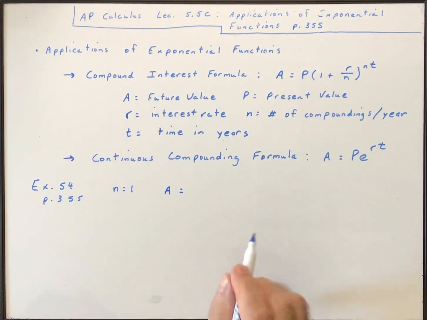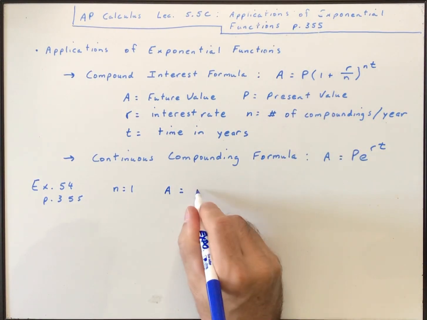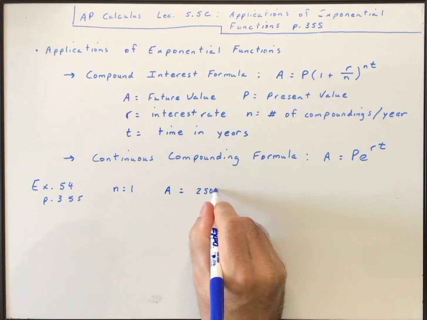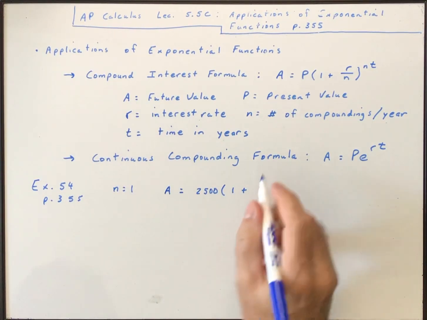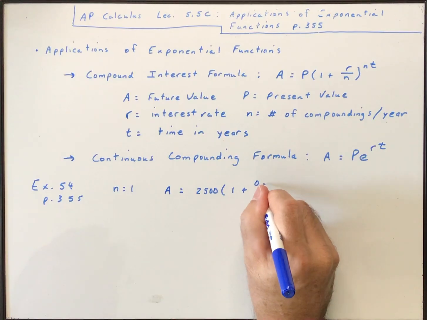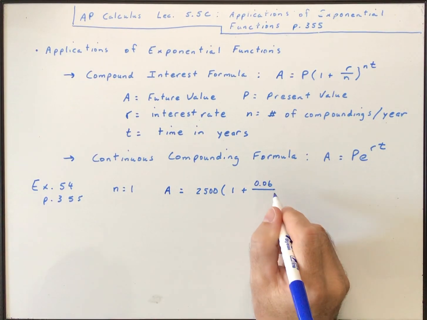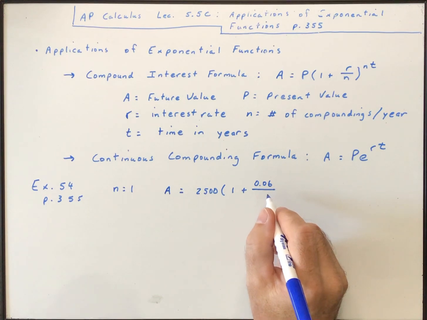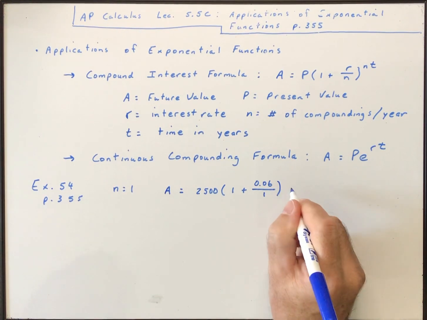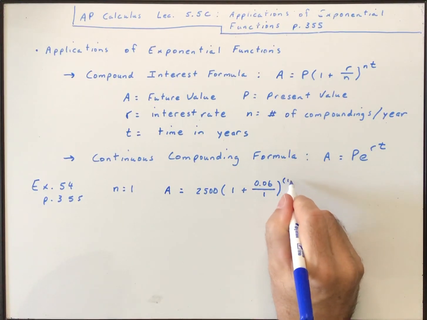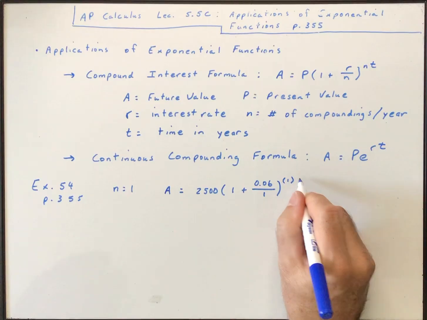So plugging into the formula, A is going to be $2,500 times 1 plus the interest rate, which is 6%, so 0.06, over the number of compoundings per year, which is 1, raised to N times T, and T is 20 years.